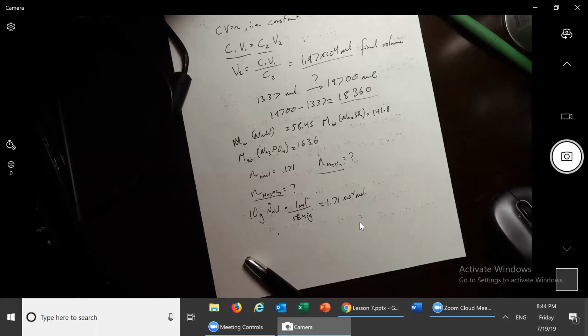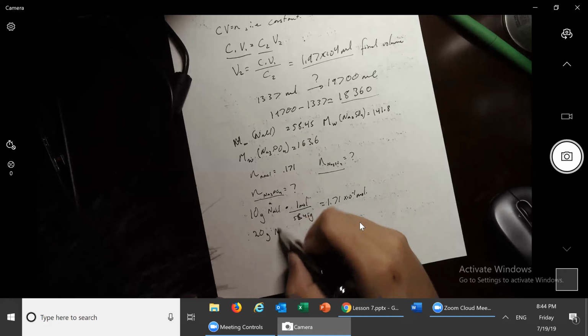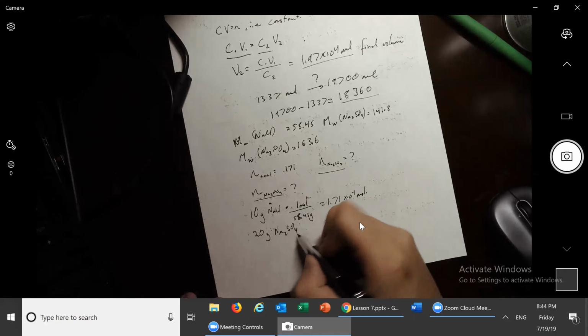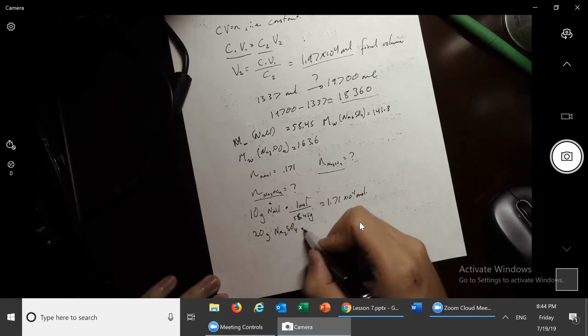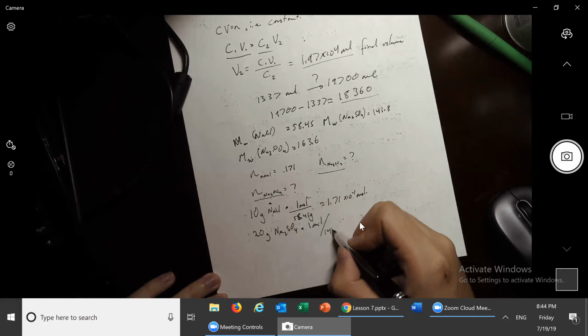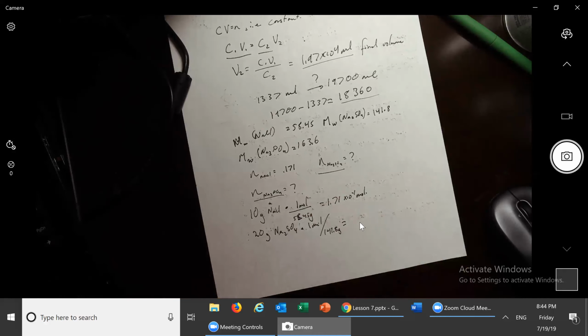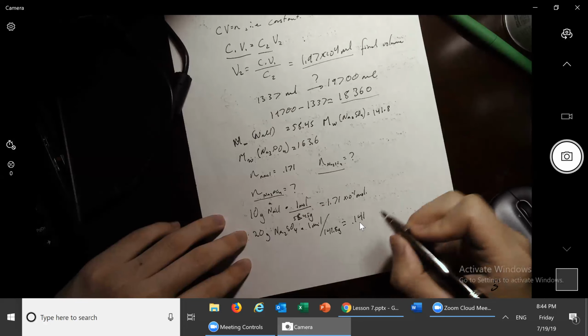20 grams of sodium sulfate, so 20 grams of sodium sulfate times 1 mole divided by 141.8 grams equals 0.141.